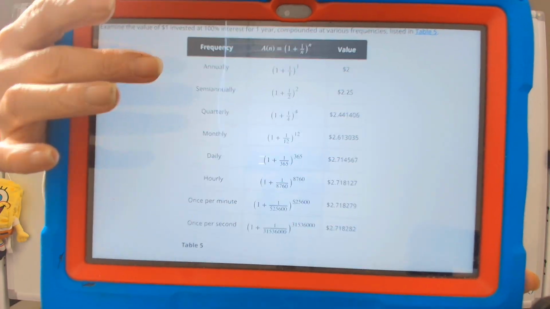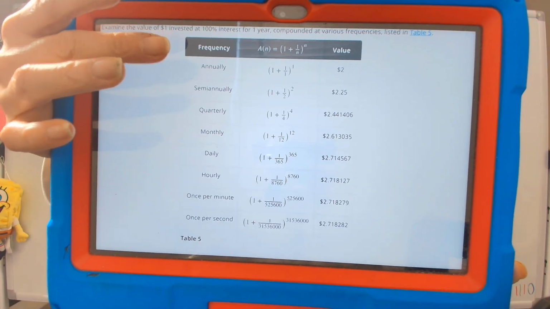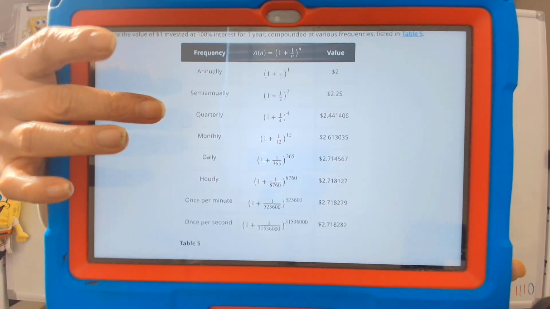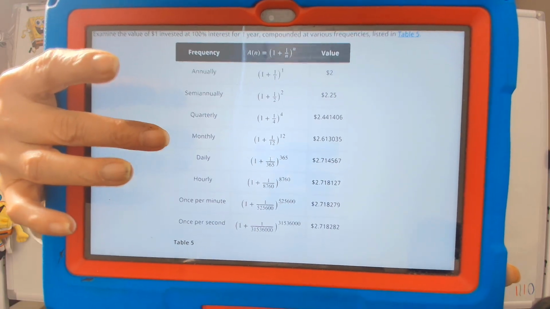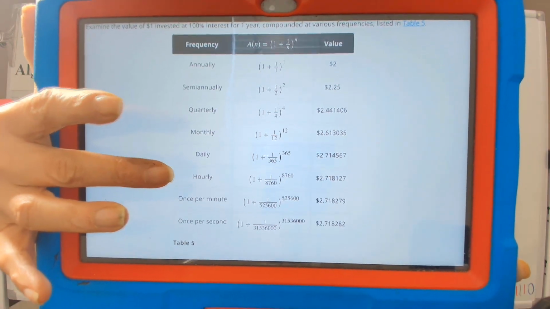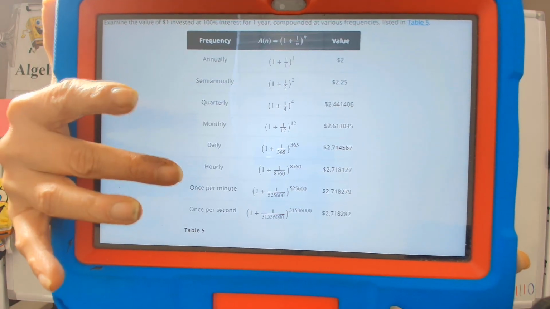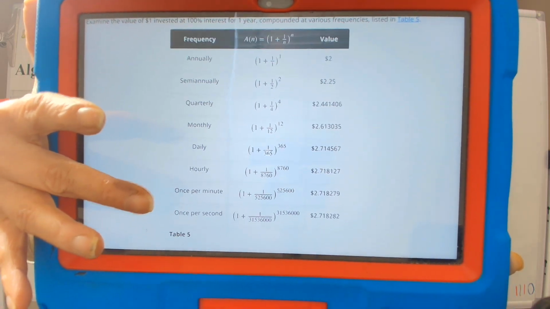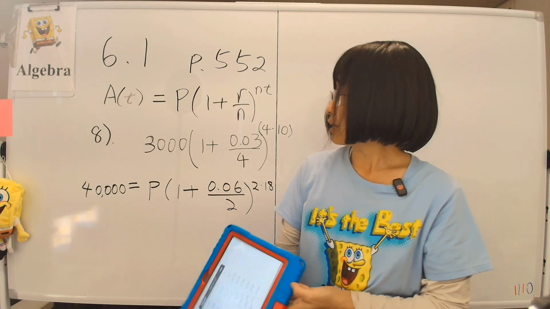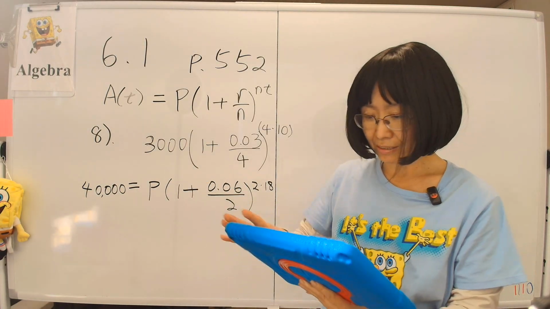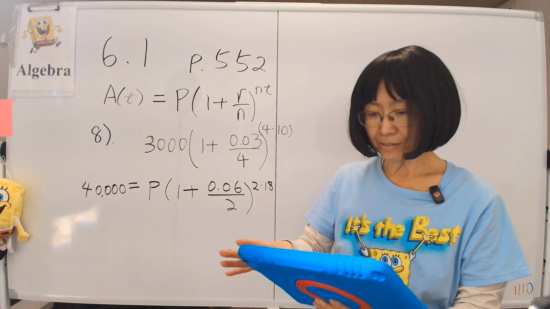And what happens is that if this value starts at being 2, and as you increase N, this value will approach an asymptote. It will approach a certain value. It gets closer and closer to 2.718, etc. And because of its usefulness in things like compound interest, this particular value is given a name.